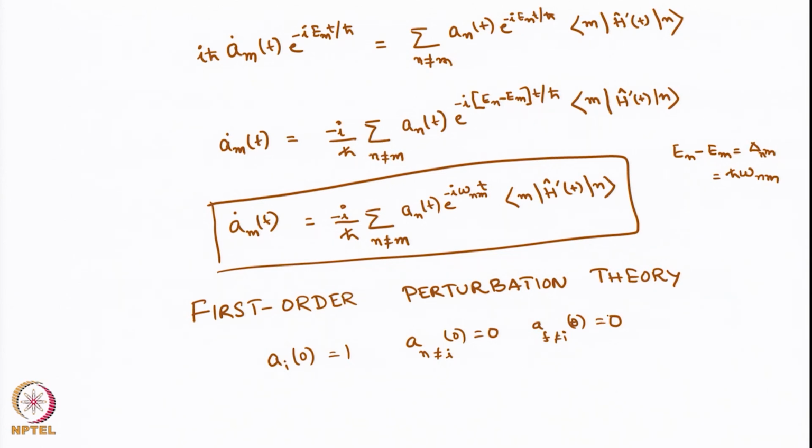Okay. Now in the first order perturbation theory we will assume that at a later time t, when the perturbation has acted, the perturbation is so small that the coefficients do not deviate much.